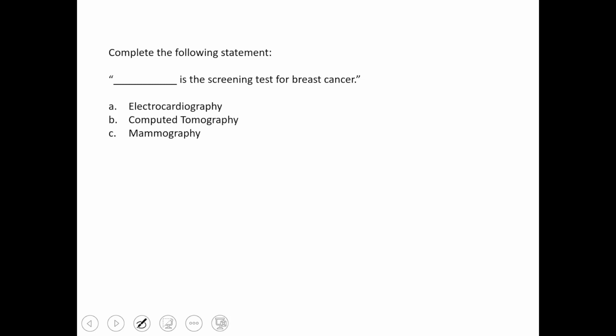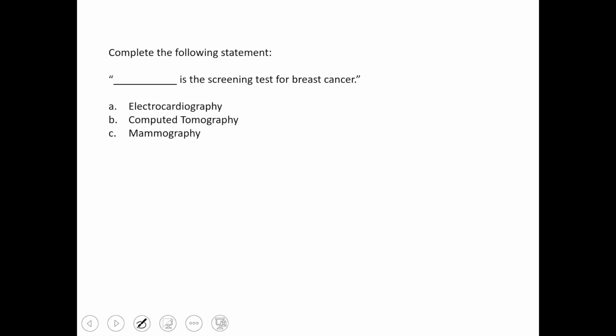Okay. Actually, electrodiography and computed tomography are the advanced versions, used when we have to assign the stage of the breast cancer, like stage 0, stage 1, stage 2, stage 3.